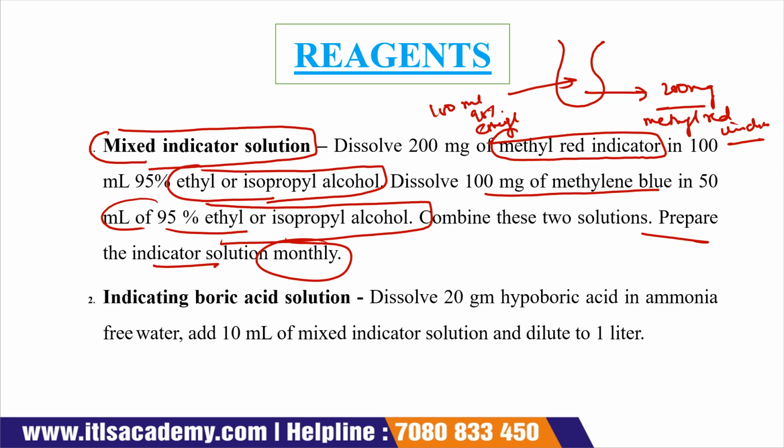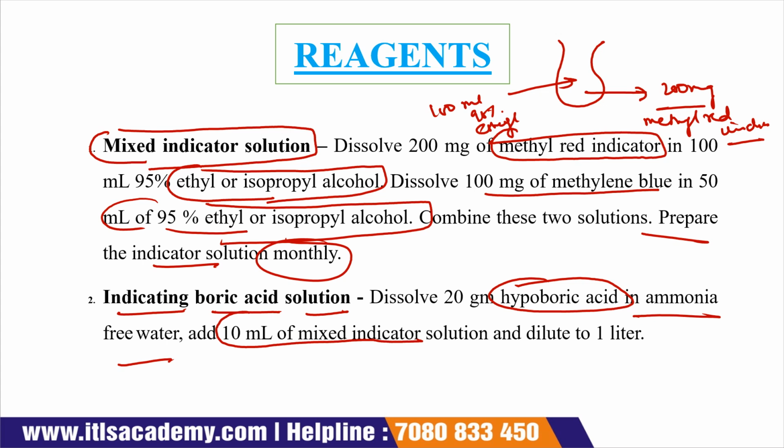The second reagent that we require for this experiment is an indicating boric acid solution. For this we require boric acid in ammonia free water, and we require 10 ml of the mixed indicator that we prepared earlier. So we take a conical flask.